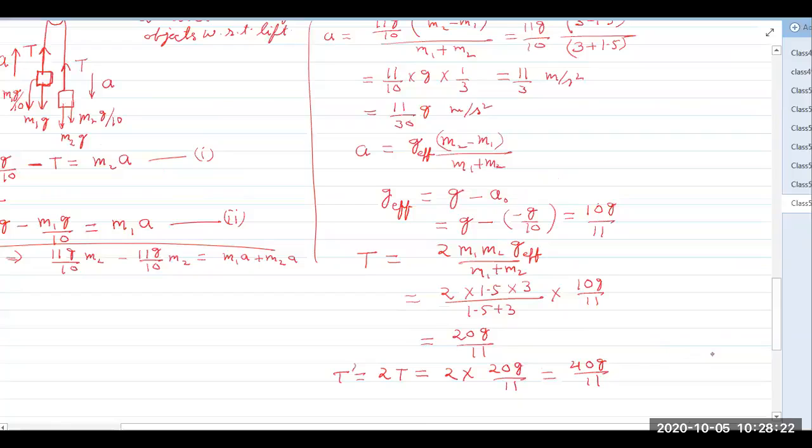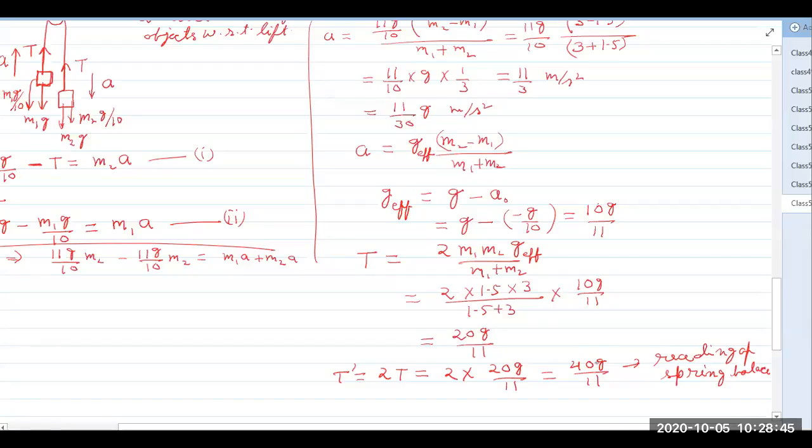This is the reading of the spring balance. Actually, this is the force. So how much reading will it show? It will show 40 by 11, because the reading is shown in terms of mass, not in terms of force.